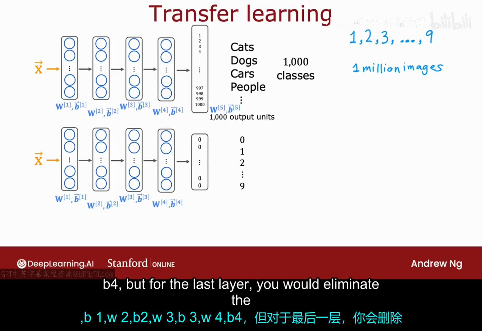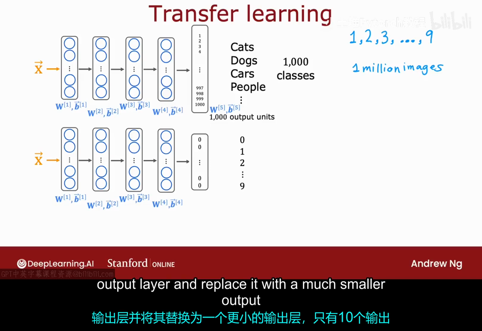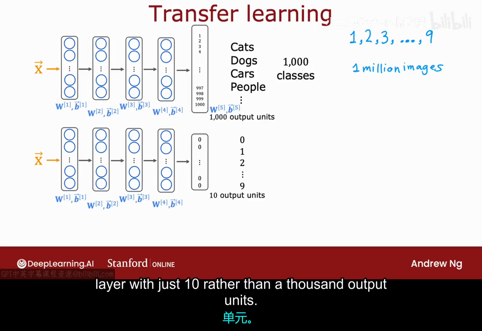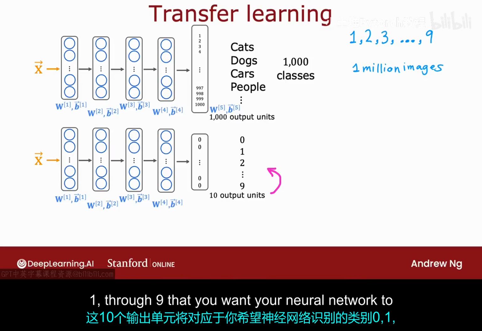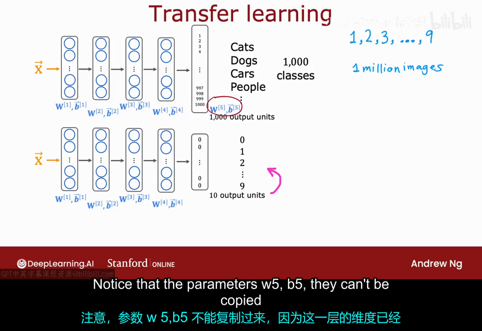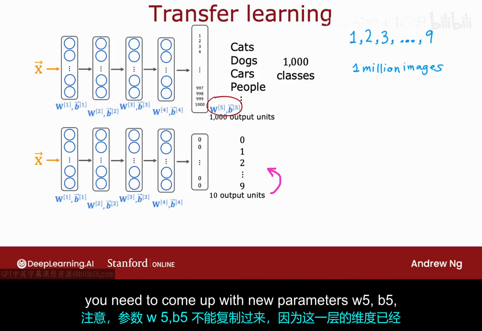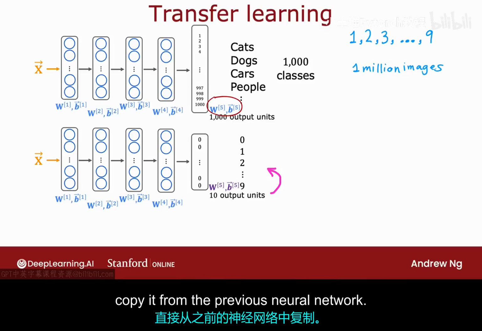But for the last layer, you would eliminate the output layer and replace it with a much smaller output layer with just 10 rather than 1,000 output units. And these 10 output units will correspond to the classes 0, 1 through 9 that you want your neural network to recognize. Notice that the parameters W5, B5 can't be copied over because the dimension of this layer has changed. So you need to come up with new parameters, W5, B5, that you need to train from scratch rather than just copy it from the previous neural network.